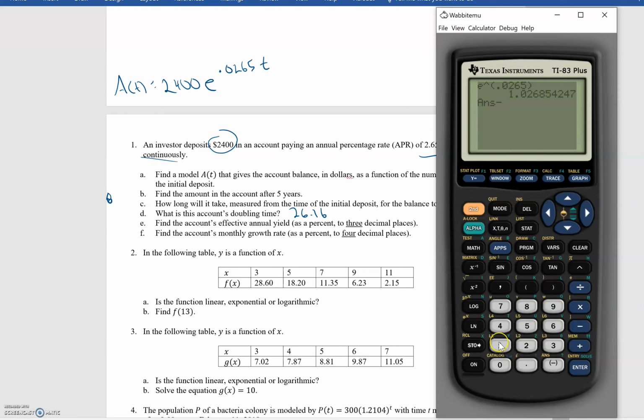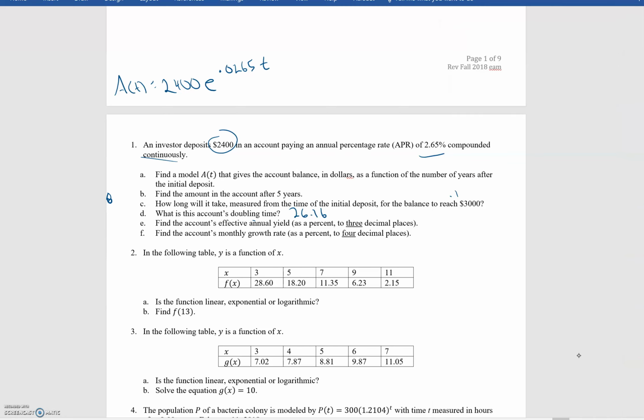And then from that I'm going to subtract 1, multiply by 100, and we get 2.685. Now notice that this is very close to what our initial value was, just a little bit larger. That's what we expect. We expect it to be very close to our initial APR.